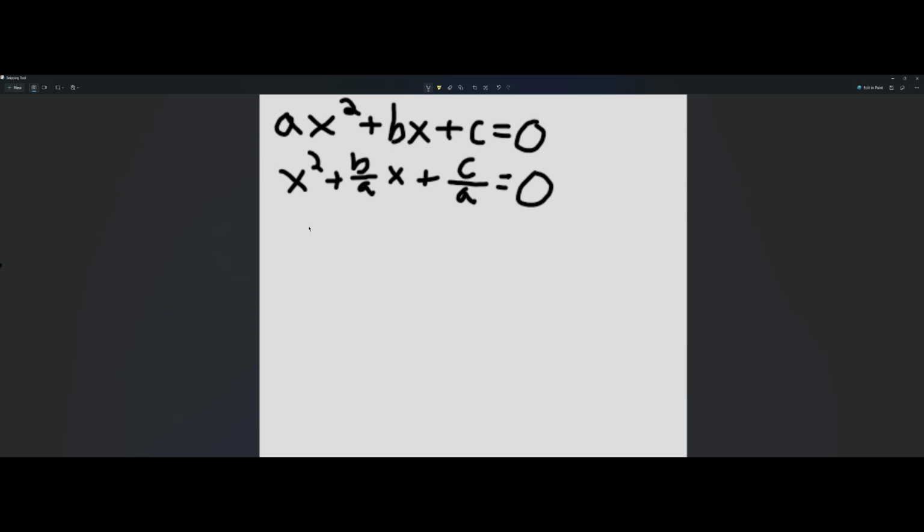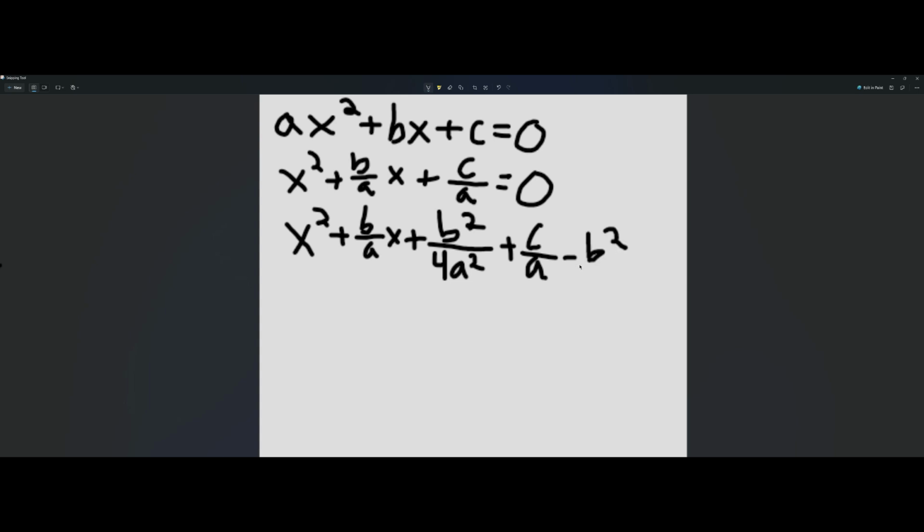So now we're going to do x squared plus b over a x plus b squared over 4a squared plus c over a minus b squared over 4a squared is equal to 0.